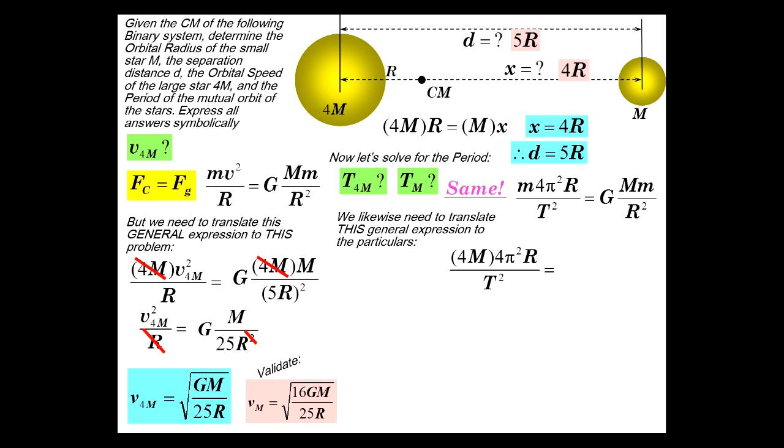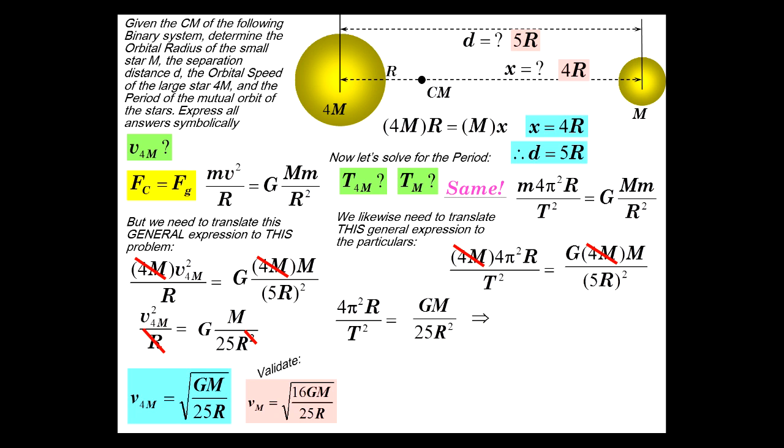You've got to be really careful. The m of the object that's orbiting is this 4m. So 4m, 4 pi squared r, the orbital radius, over the period squared is G big M little m over the separation distance squared. There we go, 4m's go away. Now here it is simplified a little bit.